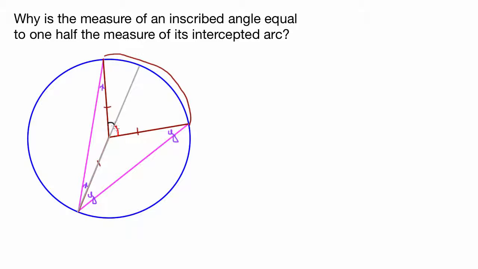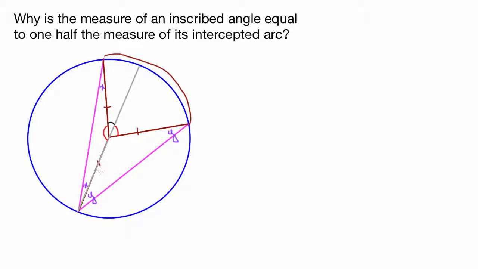So the black angle plus the red angle is going to equal the total measure of the central angle. Well, can I figure out what the measure of the black angle is here? And the answer is I can.